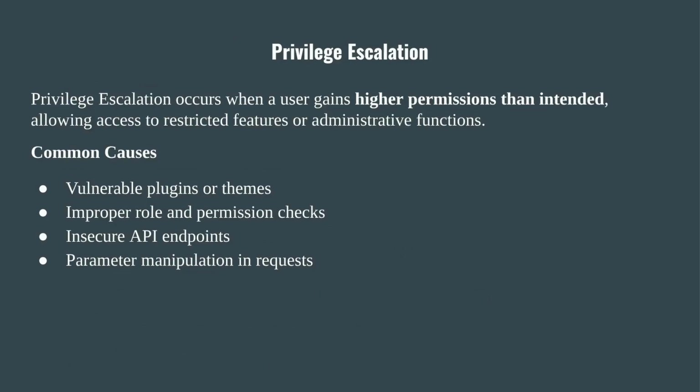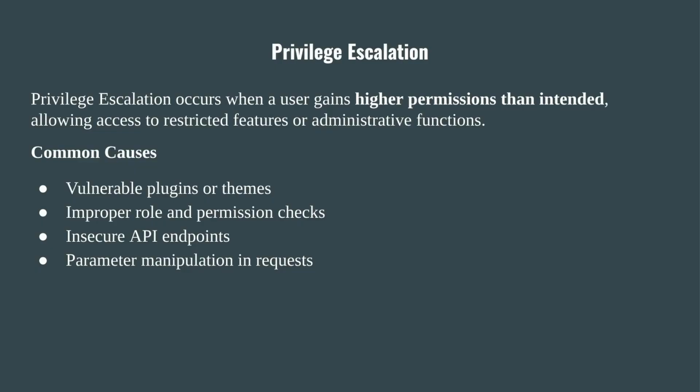Then privilege escalation. Privilege escalation occurs when a user gains higher permissions than they are supposed to have. For example, a subscriber or author may gain administrative privileges due to a vulnerability in plugins or themes.